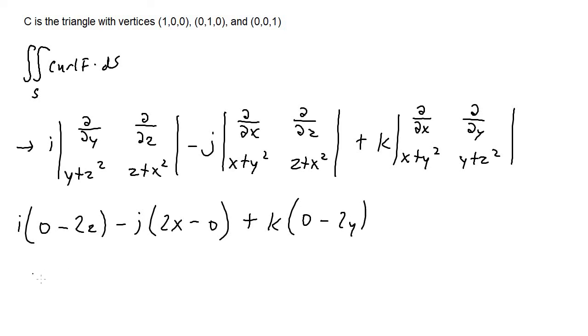So we get negative 2z times i, minus 2x times j, and then minus 2y times k. So that is going to be equal to the curl of F.